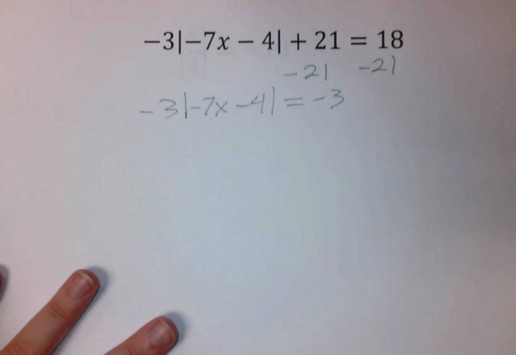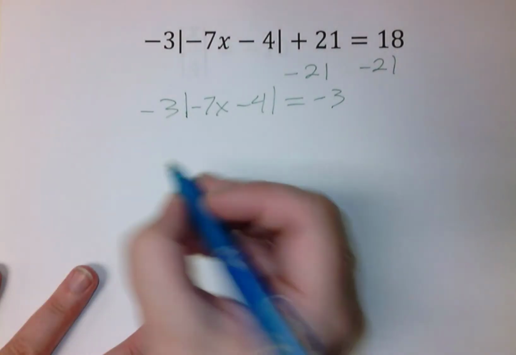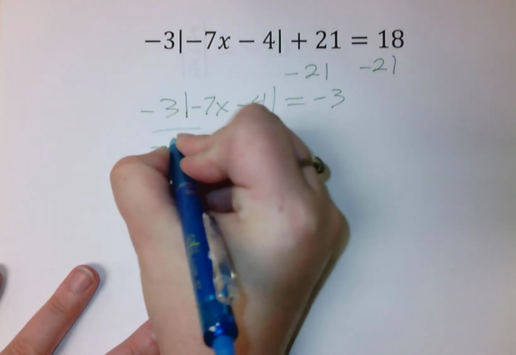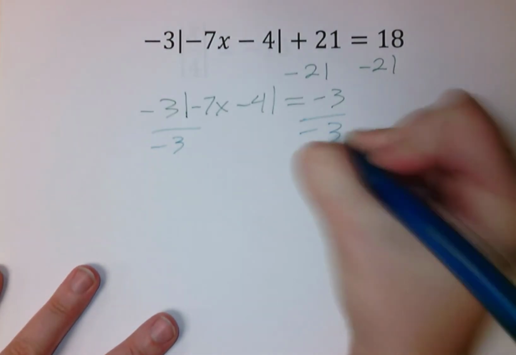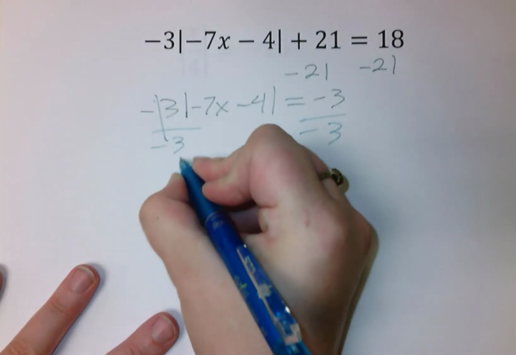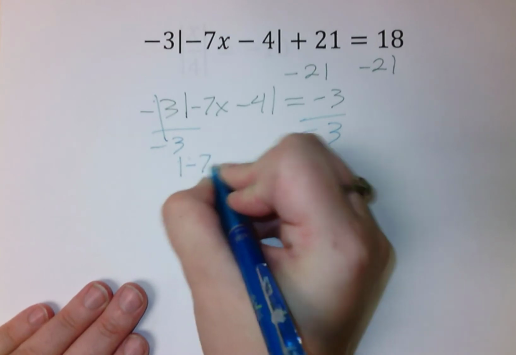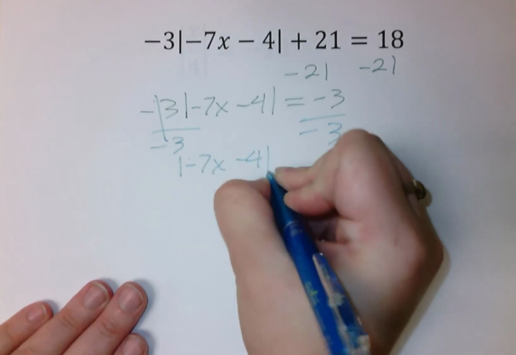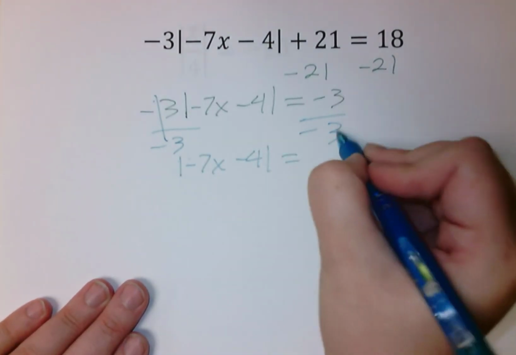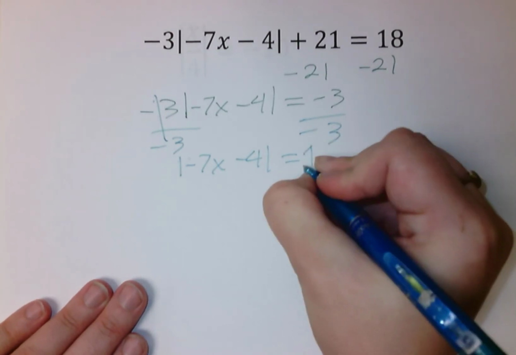Sorry guys. I still don't have the absolute value isolated yet, do I? So I need to divide both sides by a negative 3 since the negative 3 is multiplying. And we end up with the absolute value of negative 7x minus 4 is equal to negative 3 divided by negative 3, which is 1.